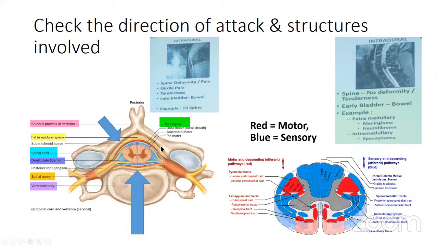Extradural is basically coming from the outside, as you can see here, from infection, from trauma, from the disc. Or it may be intradural, coming from the center. It may be intramedullary, that is inside the spinal cord, or outside the spinal cord. If it is inside the spinal cord, what is the cause? The most important cause is vascular.